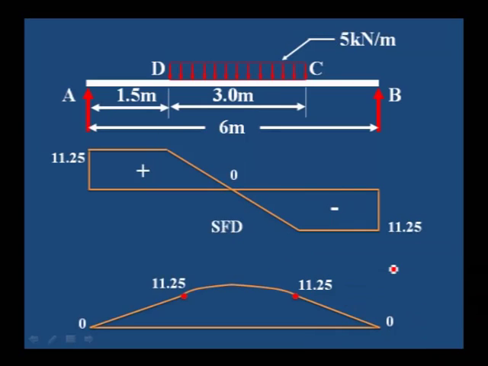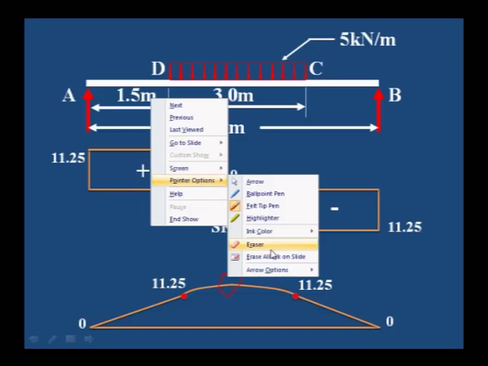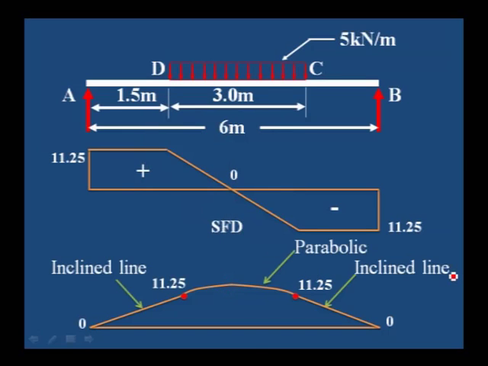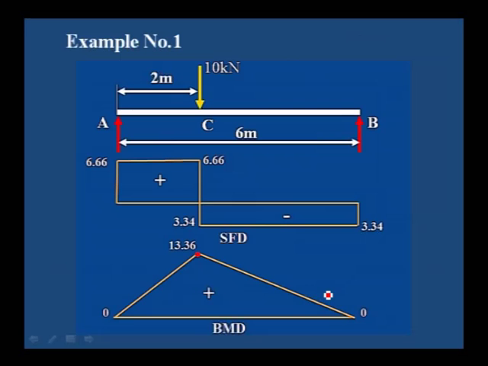This is the bending moment diagram, and in this central portion the maximum bending moment occurs, which we will discuss in the next session. Left and right sides are inclined lines, and the central portion is parabolic.